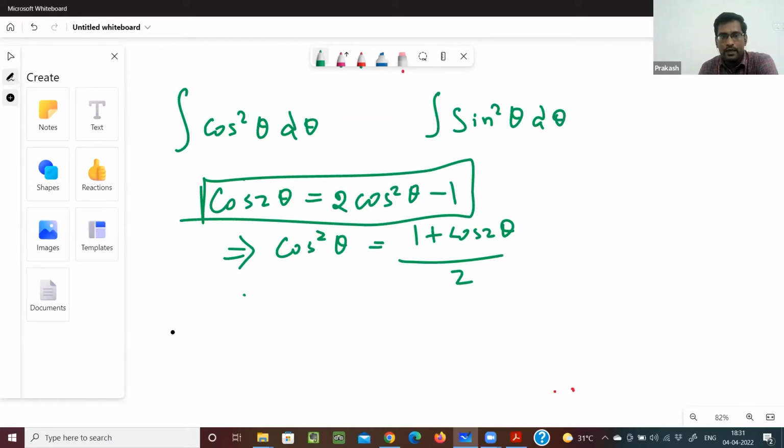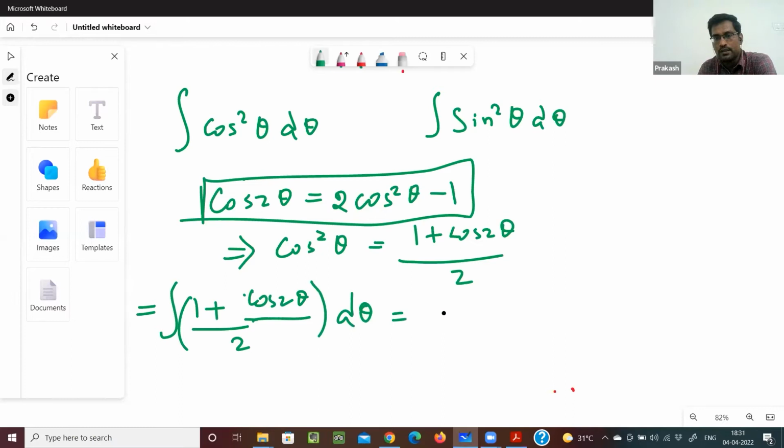So here we can substitute. This integral we can rewrite as the integral of 1 plus cos 2 theta divided by 2 with respect to theta. So this is nothing but 1 by 2 theta plus sine 2 theta divided by 4 plus c.